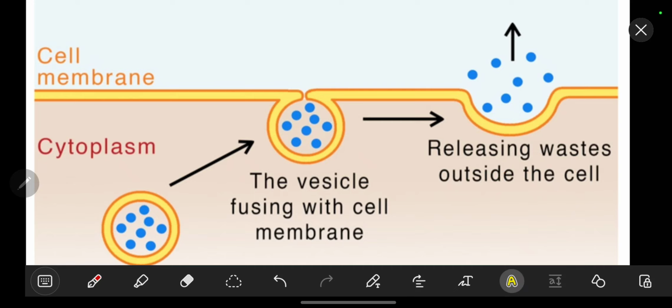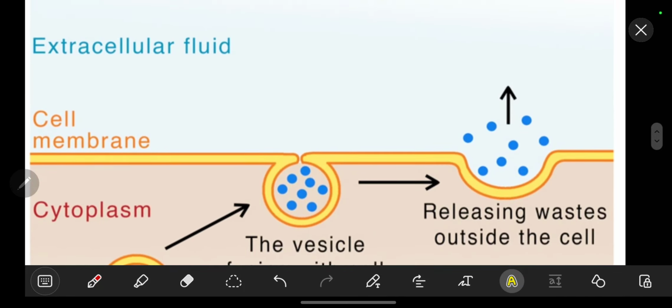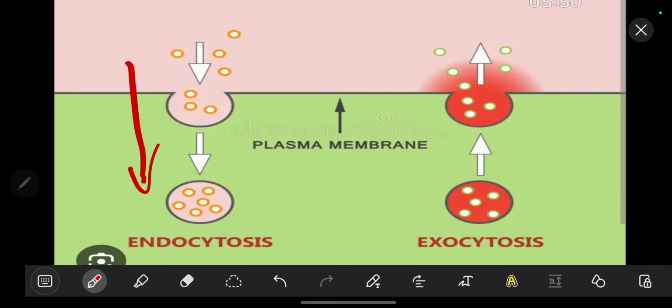It does not always have to be waste. It could be useful substances such as proteins that will form on the surface of the cell membrane. So the difference is that in endocytosis, the substances will be moving inside. In exocytosis, the substances will be moving outside like that. So that is our main difference.